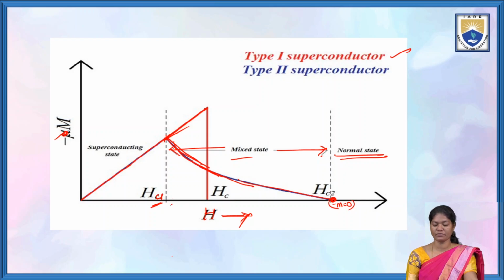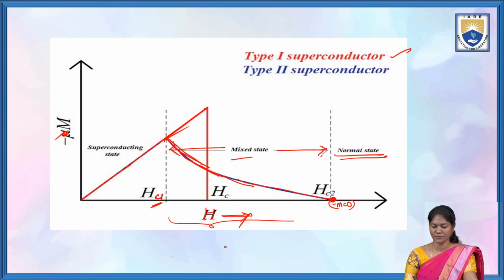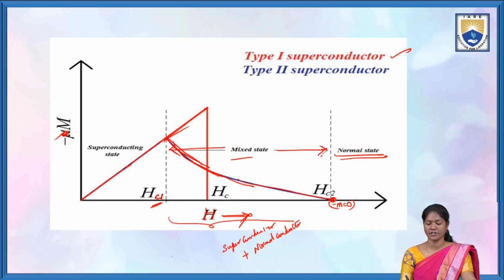Hc1 to Hc2 is a mixed state. After Hc2, it is completely converted into a normal conductor, so the magnetic lines can pass through.